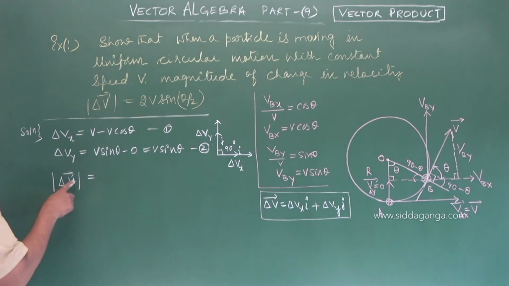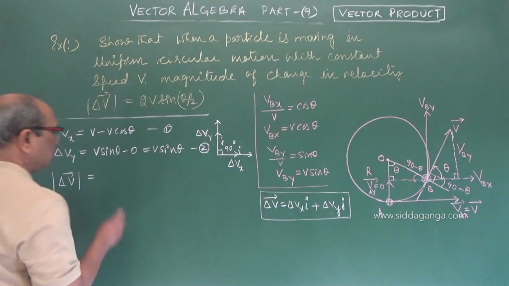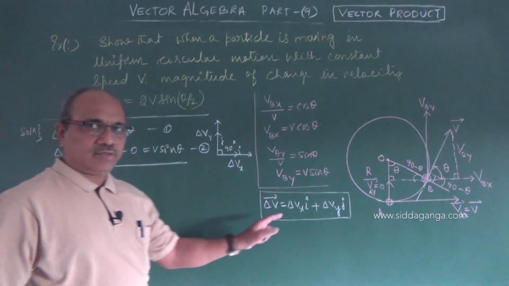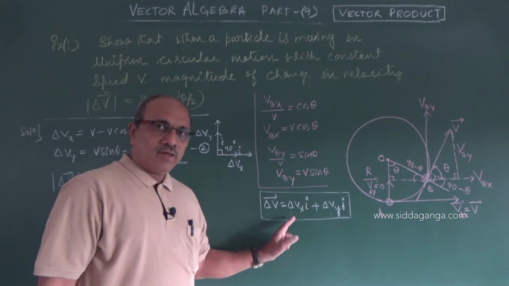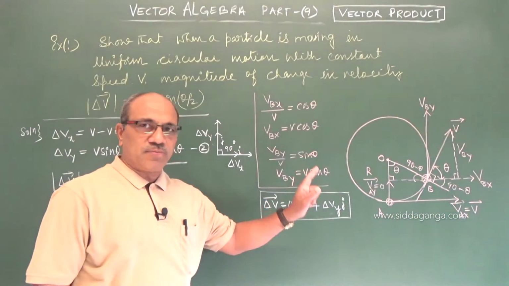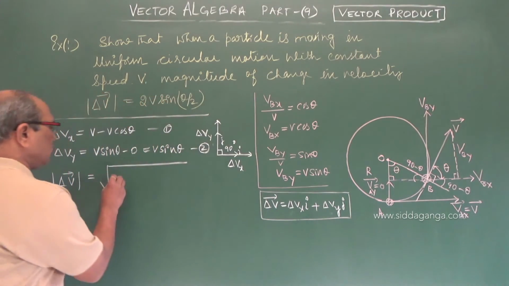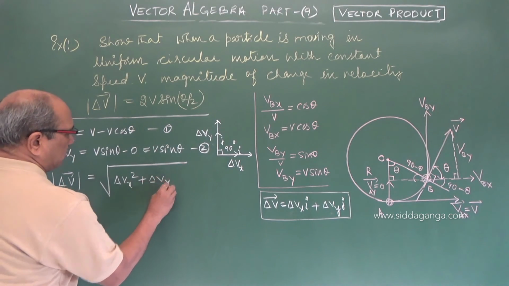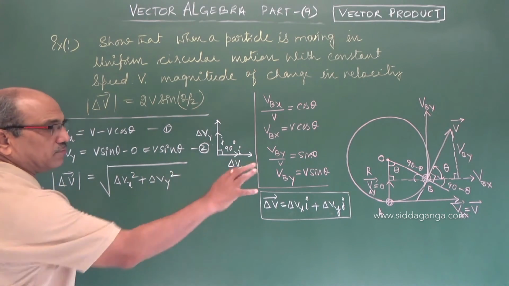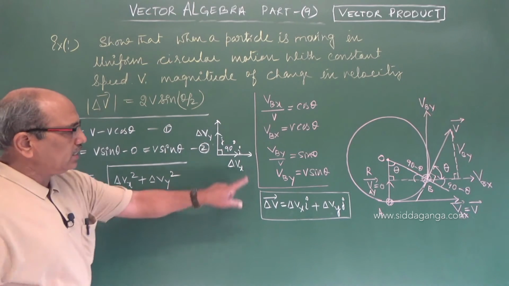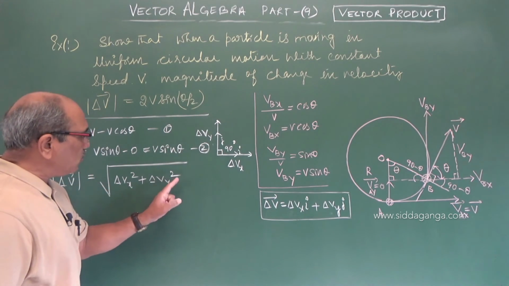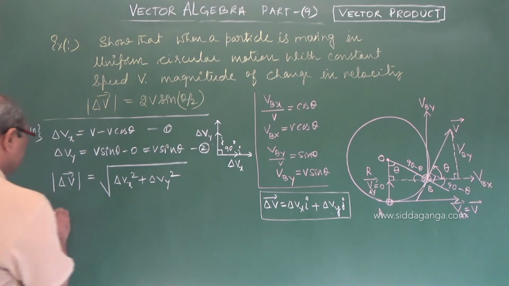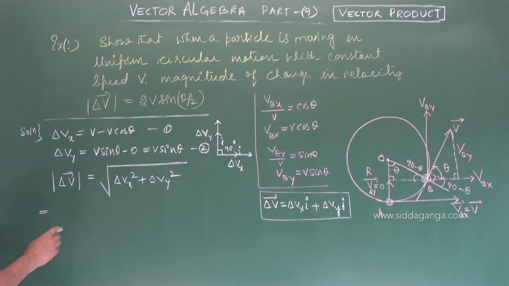Now if you want the magnitude of this vector, when the vectors are perpendicular you will use delta Vx square plus delta Vy square. The minus 2ab term cancels because cos 90 is 0. Therefore I have not written it.